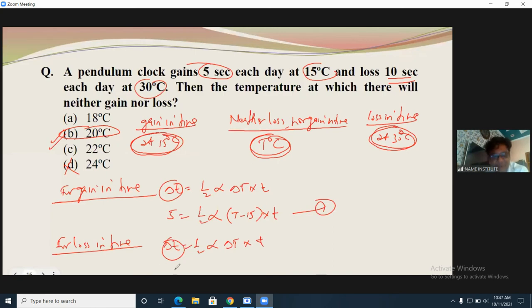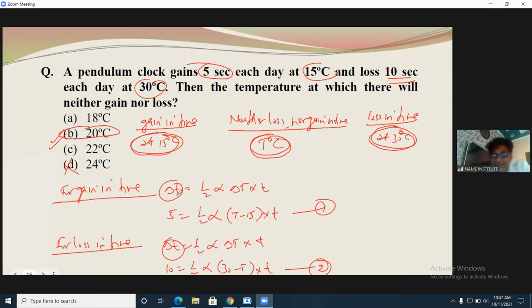Loss is 10 seconds per day. So 10 is equal to 1 upon 2 alpha, and the change in temperature will be 30 minus T, since 30 is more than T, into time period small t. This is relation number 2. So we have taken two relations in our class, one for the gain in time, another for the loss in time.